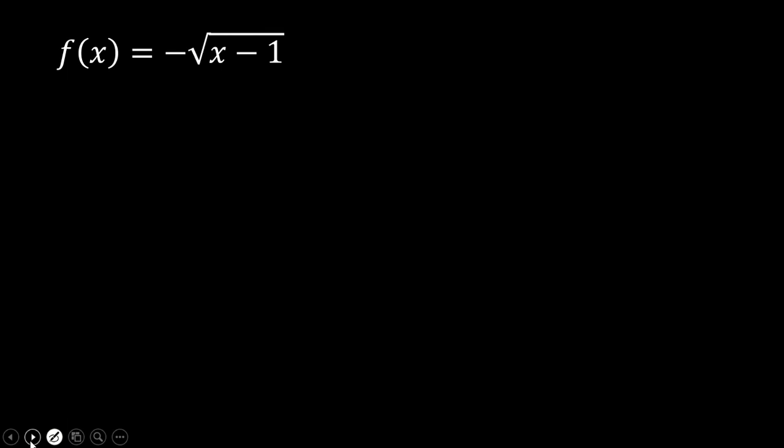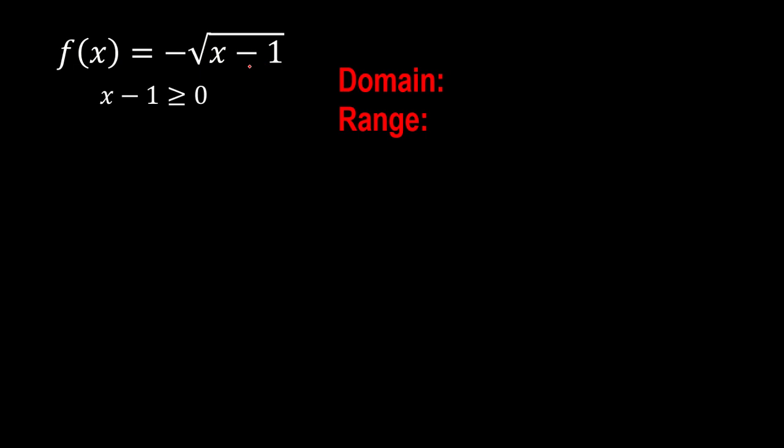Given that we have x minus 1, it should be greater than or equal to 0, because if it is less than 0, obviously this will be imaginary. So let's equate x minus 1 to greater than or equal to 0. If we solve this, x should be greater than or equal to 1.